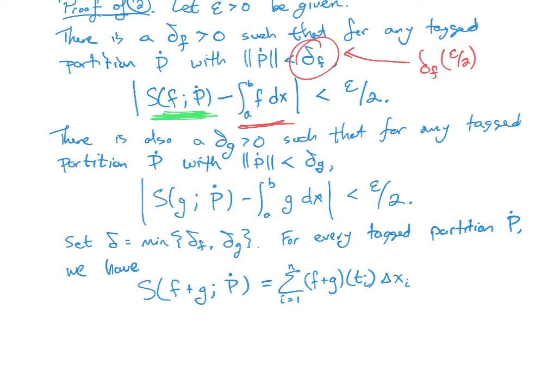And that's just a finite sum of things. And so we see that we can actually split it into two sums, and then you see that you can just write this as S F P dot plus S G P dot. Okay?